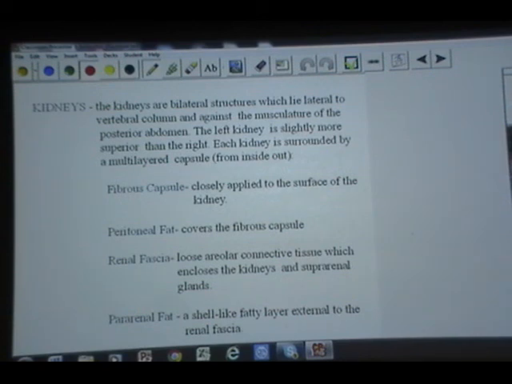So don't worry about this part of the PowerPoint, but do understand these posterior organ relationships to things like the aorta and the inferior vena cava, and understand in particular with the venous tributaries how it differs in relationship to the caval system of venous drainage and the portal system of venous drainage.